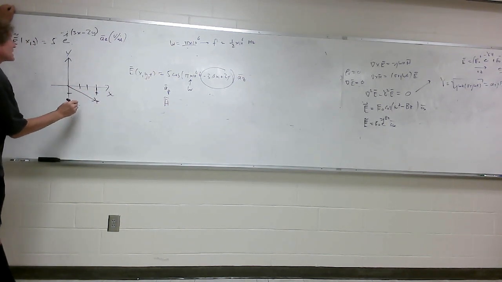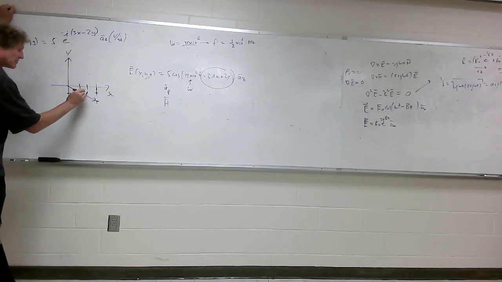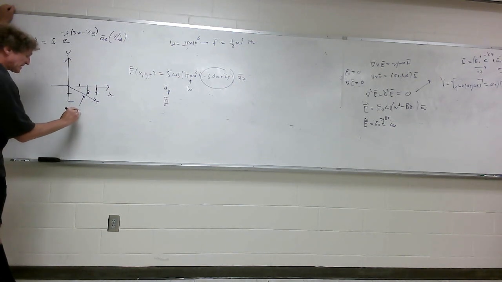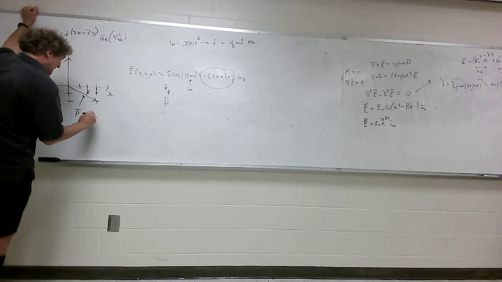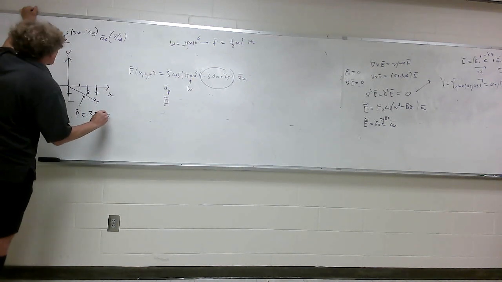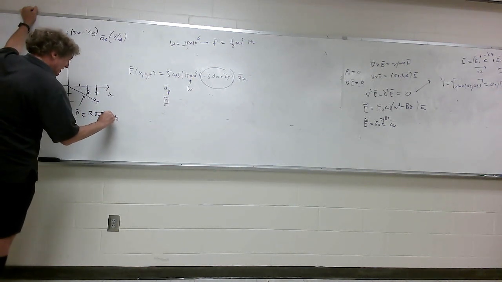This is going to be the actual vector sense. This vector, I'll call it P vector, the propagation vector, is going to be 3a_x minus 2a_y.